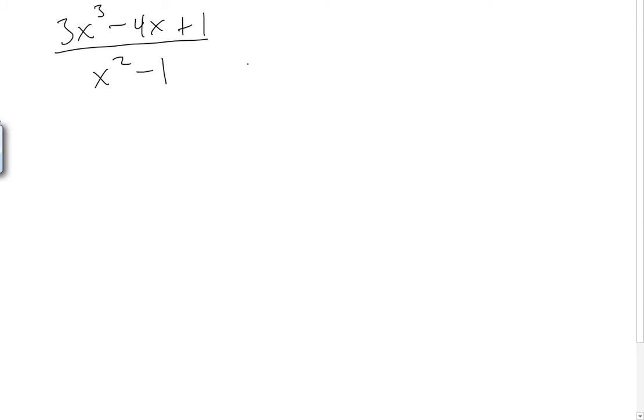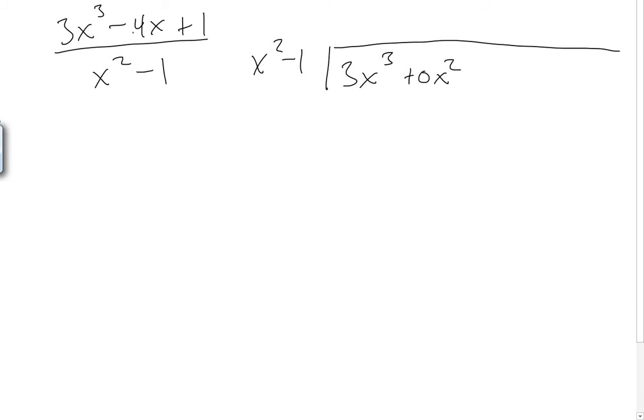Well, then just like before, let me put the x squared minus 1 on the outside, and let me put the 3x cubed plus 0x squared this time, because there's no x squared term, minus 4x plus 1.